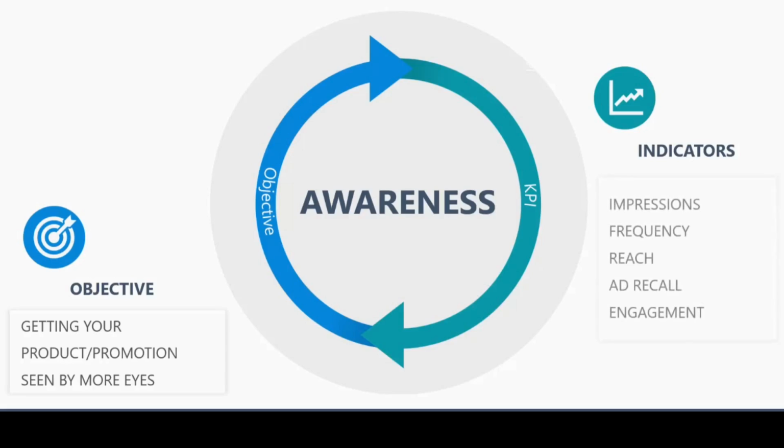Then the indicators would be very similar: impressions, frequency, reach, ad recall, and engagement. Now, the new one there is ad recall, and that is essentially an indication. I'm referring here specifically to Facebook. That's where we see it. It indicates how likely someone is to recall your ad or to remember your ad.